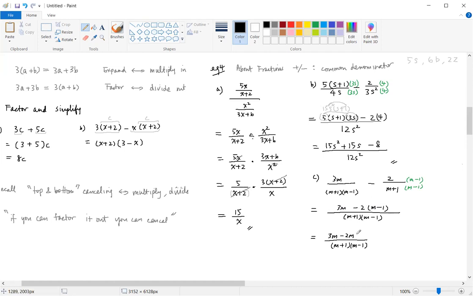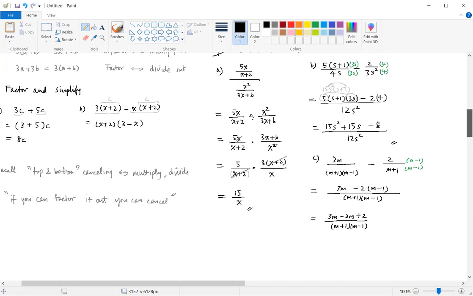Minus 2 multiplied in here is a plus 2. So this is m plus 2 over m plus 1, m minus 1. Do we have anything to cancel? No, m plus 2 is already the simplest form, and the bottom is already factored. So nothing, no multiply-divide relationship to cancel. And that's it.